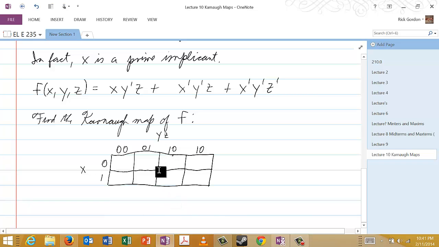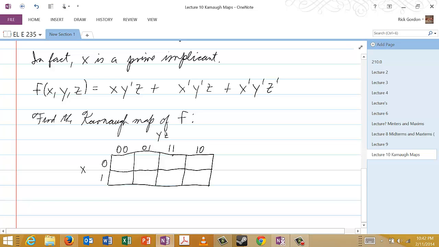But then you notice that as we move from this cell to this cell, both y and z change their values. X doesn't change, it's equal to 0 in both of these cells. But in this cell, y is equal to 0 and z is equal to 1. In this cell, y is equal to 1 and z is equal to 0. So both variables change their value, and we don't want that. So that's why we make this column the 1, 1 column.